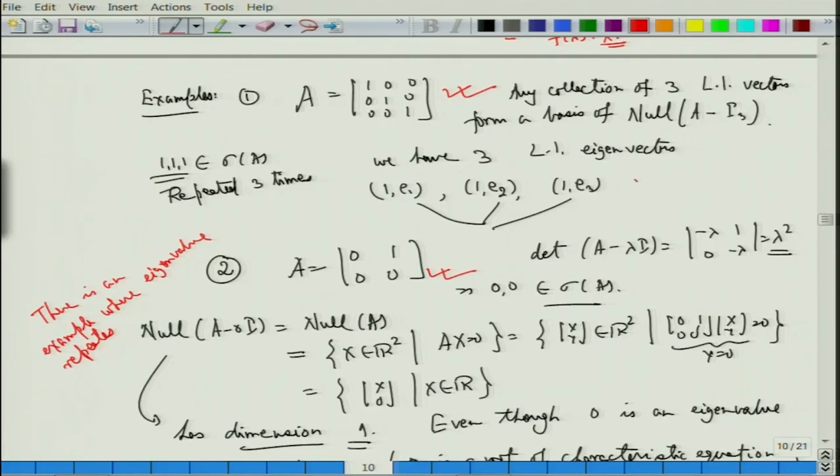We have 3 linearly independent eigenvectors there, but in this case I do not have 2 linearly independent eigenvectors, all right. There is an example where eigenvalues repeat, but there are not sufficient eigenvectors. Is that okay? So this is what is important for us. We need to understand this part. Fine. Some more examples. All right.